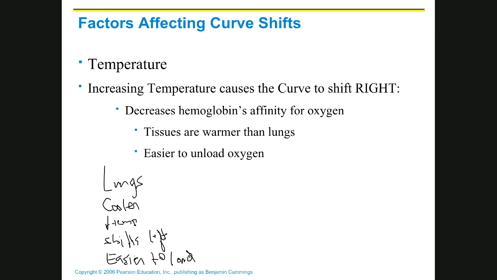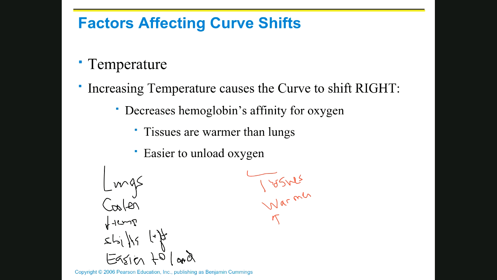And now we're going to go to the tissues. So the tissues, remember, they're the ones that are doing the metabolism. They're warmer. What happens to the curve if you get in a warm temperature? Which way does the curve shift? It shifts to the right.